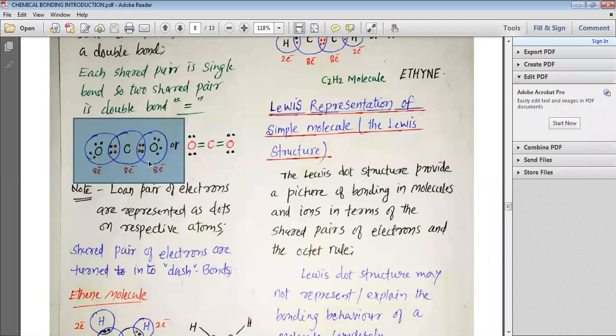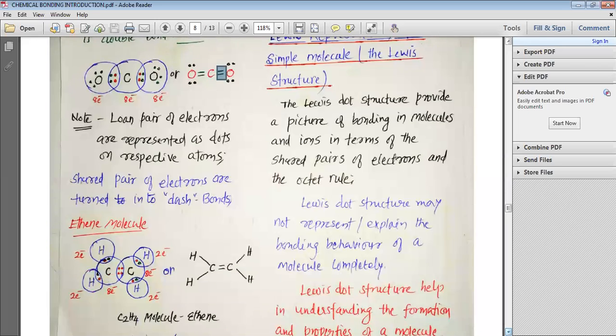In the same way, out of 6 electrons each oxygen shares 2 electrons with the carbon, and this is how an octet is achieved by all three atoms, carbon and both the oxygens. This is how we represent the double bond between carbon and oxygen with 2 dashes.